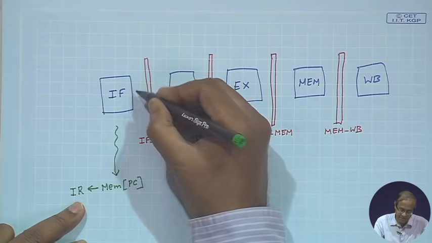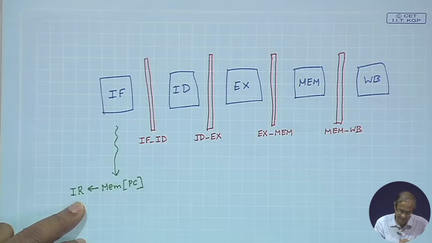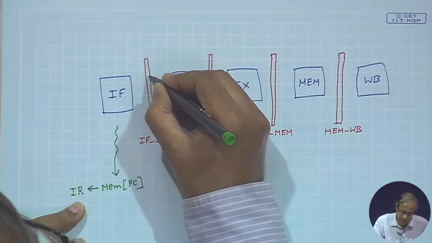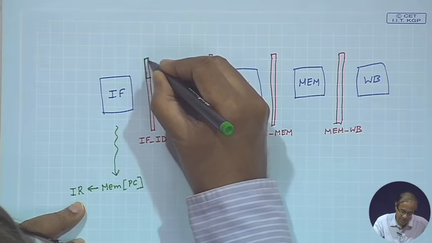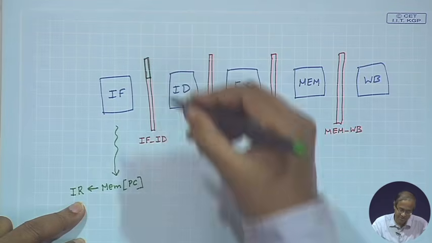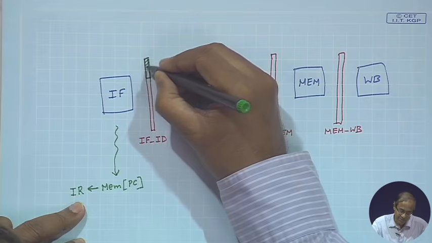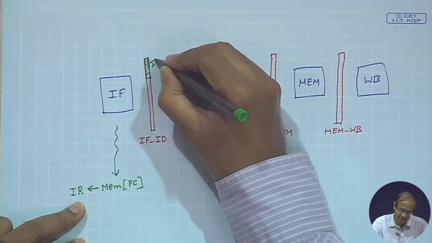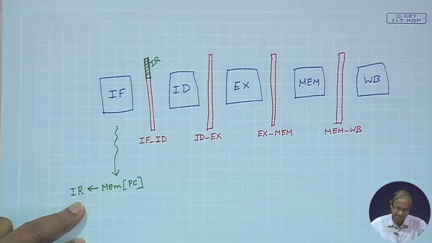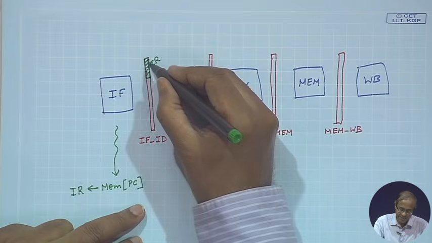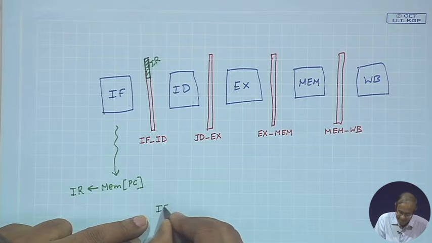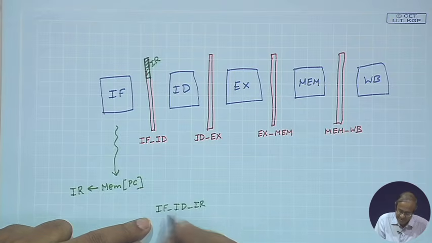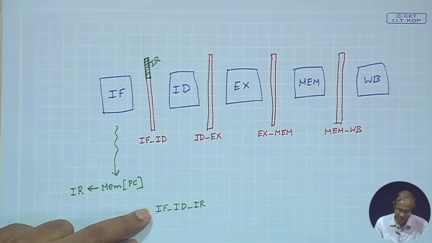Will it be some separate register inside IF? It is actually no. Just like in the example that you showed earlier, all temporary registers will be part of the latch or the register stages. Let us say this one itself can be IR. And this register we will be referring to as IF underscore ID underscore IR. This is the kind of naming convention we will be following.